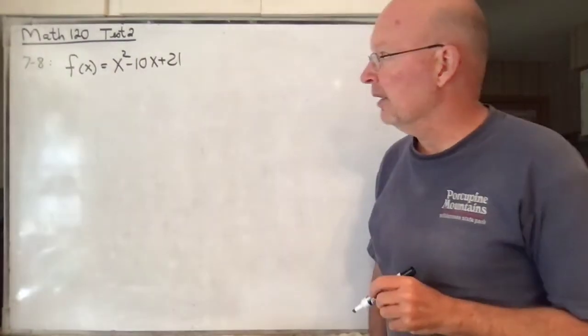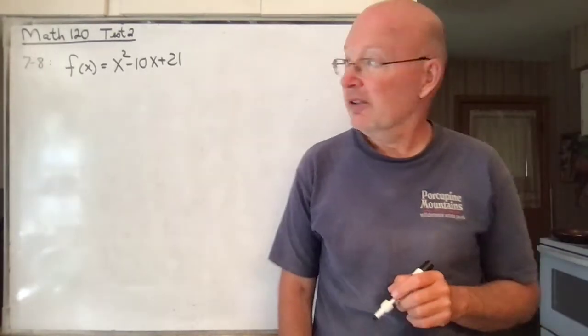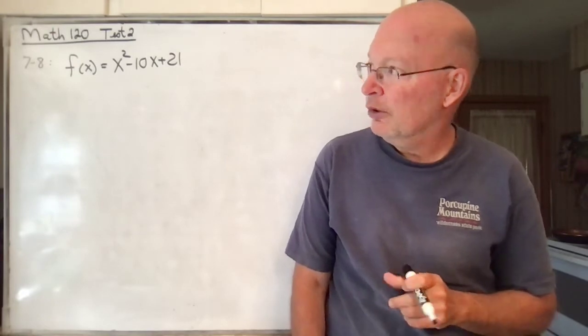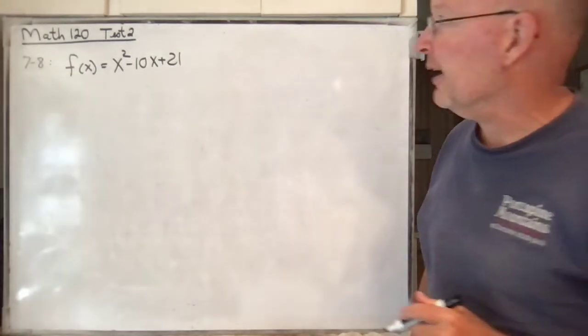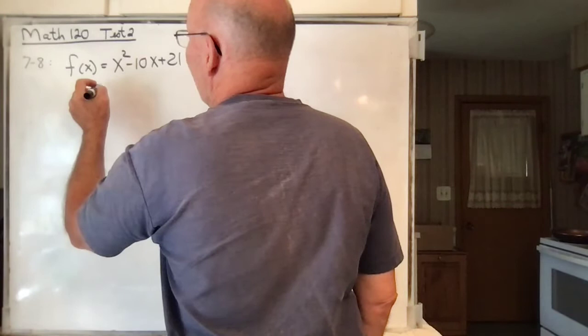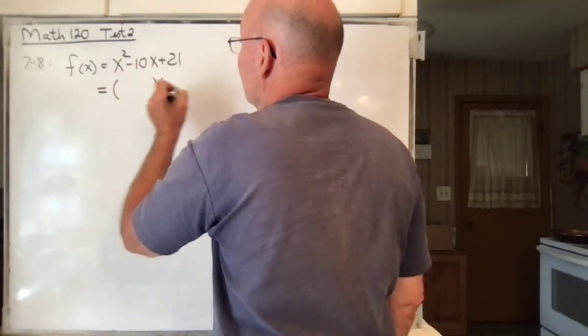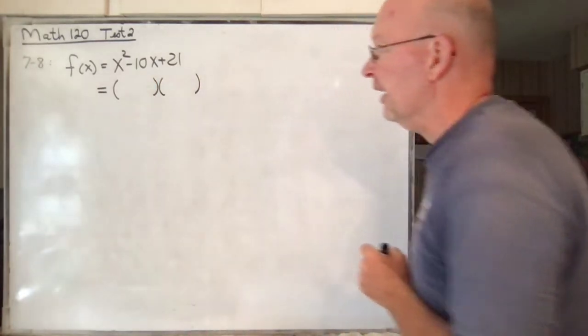Okay, so in the first practice test, from material you had earlier in the course, we learned how to factor polynomials, and that's going to be important here because once we factor it, we'll be able to find out what the x-intercepts are.